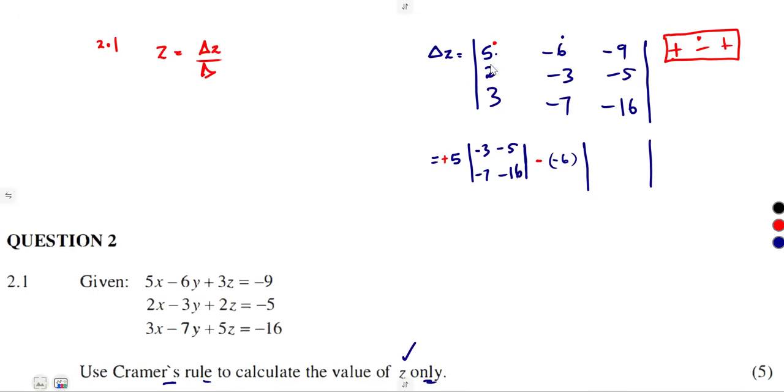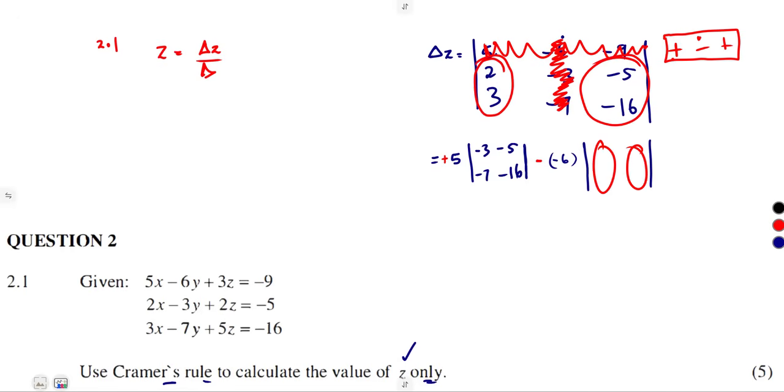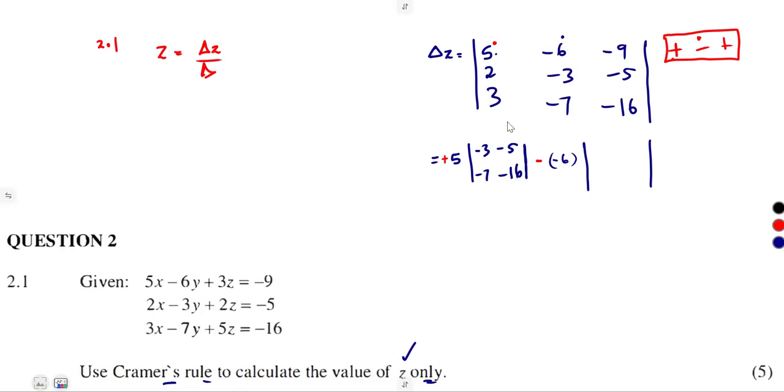So we are going to close the row where the -6 is, and also the column where that -6 is, like that. So what is remaining? 2, 3, -5, -16 are the ones that you're going to write here. So that's it.